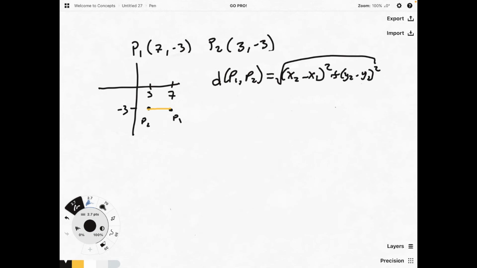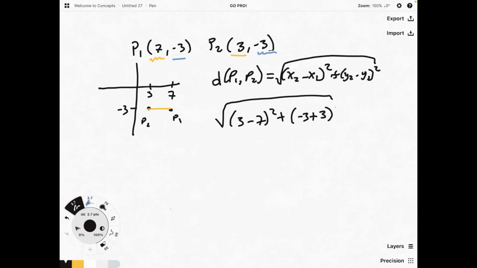So looking at the equation, we're going to use x2 and subtract x1 from it, and then use y2 and subtract y1. When we do that, we get the square root of 3 minus 7 squared plus negative 3 minus, and it's a positive, plus 3, and that is squared as well.